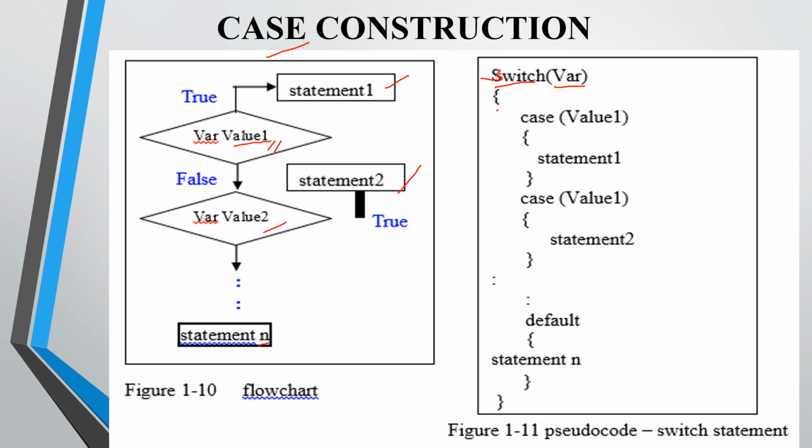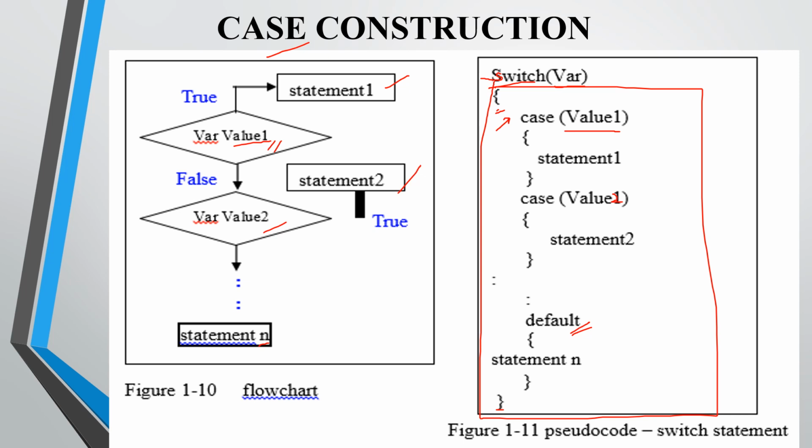And of course we have to specify the block of code that is part of the switch statement. So we have to check if it is case value 1, case value 2, up to the default value. Okay, I believe you know this, no?